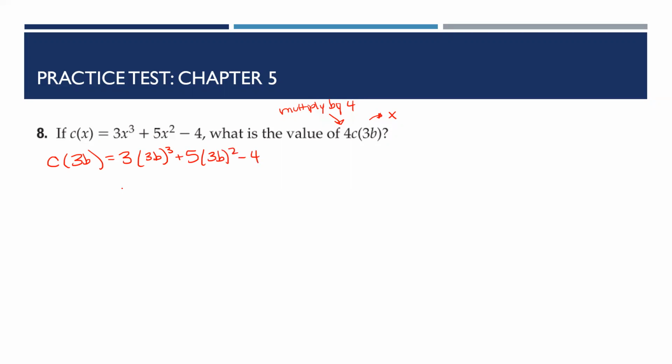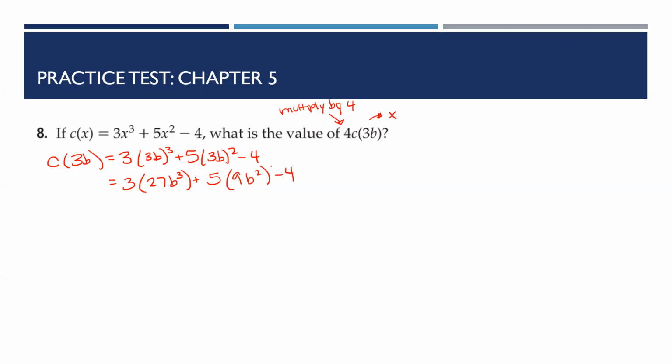Okay, and then I'm going to use order of operations to solve here. So I got 3. Now 3 is being raised to the third power, and so is b. Okay, so 3 to the third power is 27, b to the third is b cubed. Okay, and then here I have 5, so again 3 is being squared, that's 9, and b is also being squared.